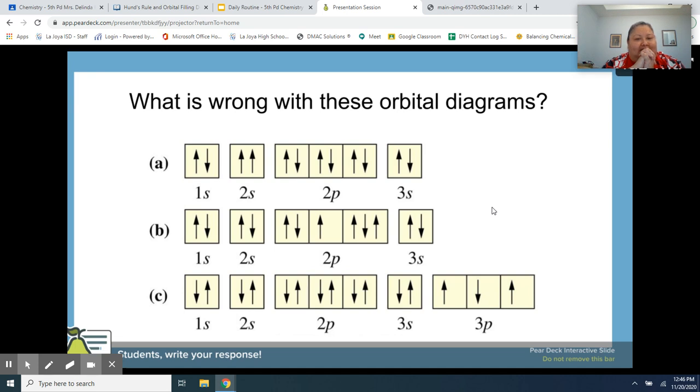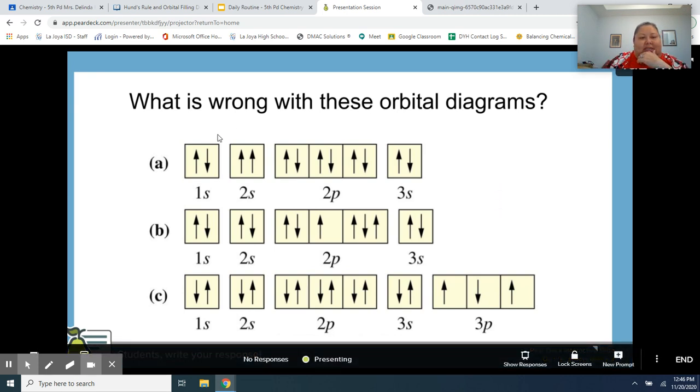2S. Okay. America is talking about 2S for letter A, okay? So we're looking here at 2S. She is saying that the arrows are pointing up. Should I have two electrons with the same spin? Is this correct?